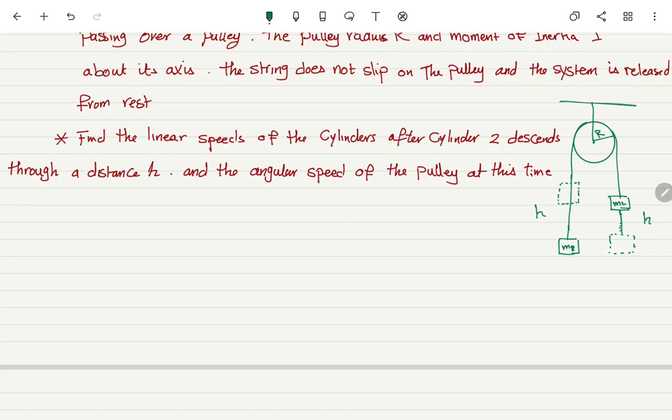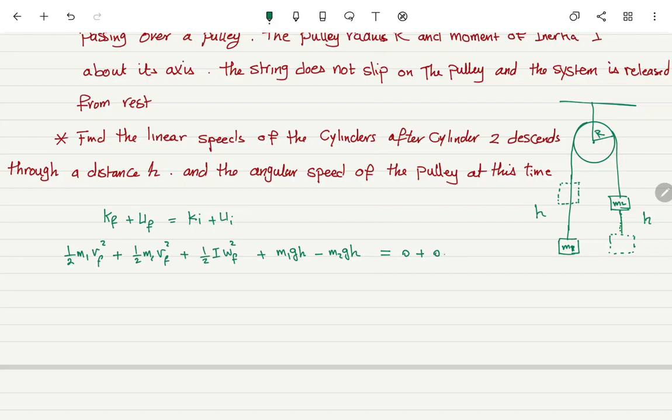Now again, from conservation of mechanical energy, K final plus U final equals K initial plus U initial: half M1 V final squared plus half M2 V final squared plus half I omega final squared plus the potential M1gh minus M2gh, all equal to 0 plus 0.